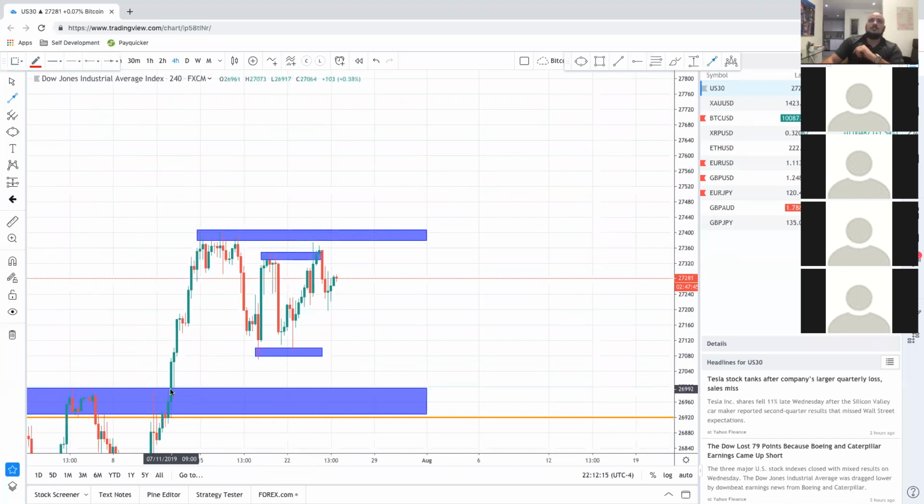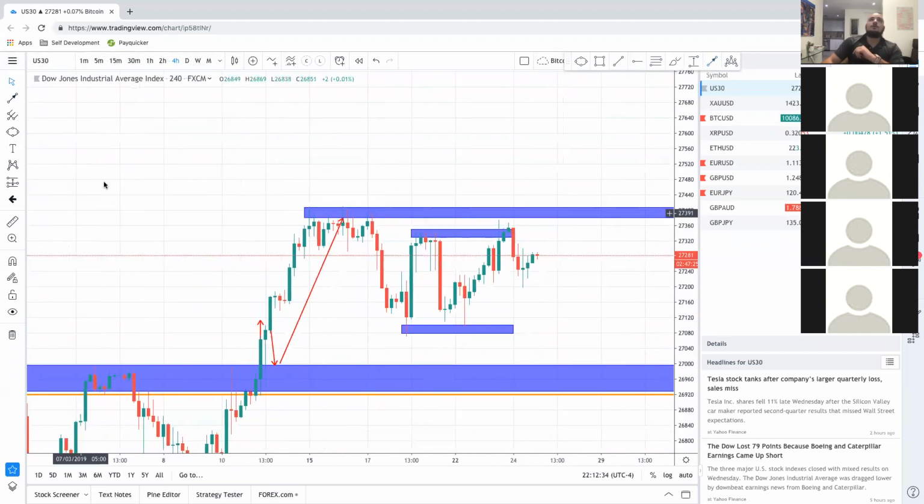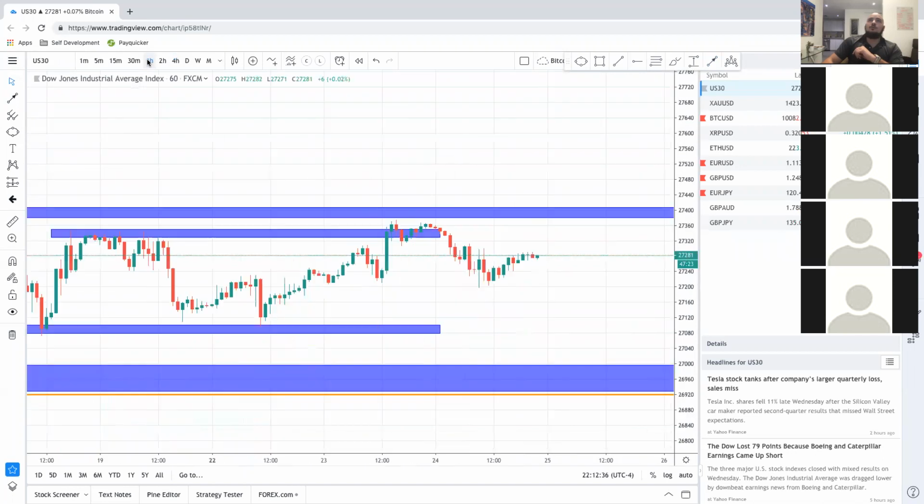But look at this one. It broke out here. You see that wick, this little wick here? It came back and retested on that wick, and then it shot up. That's how you trade breakouts. Very simple, right? So look, that's the 4 hour, but look at it on the 1 hour.